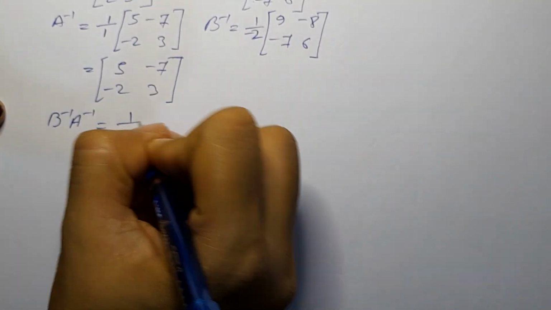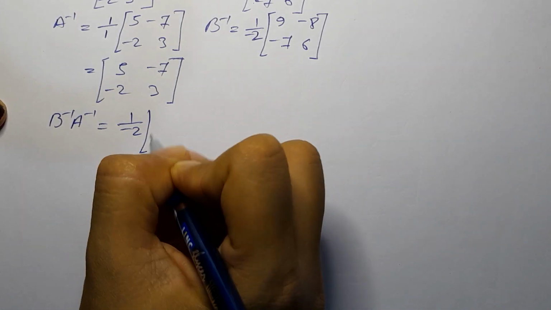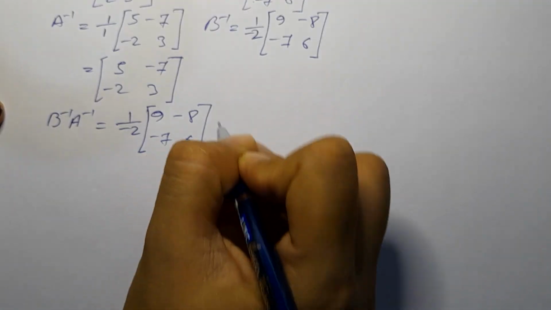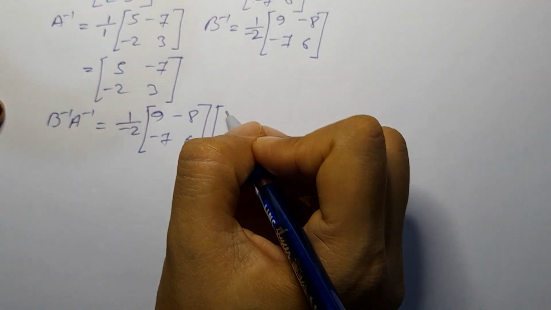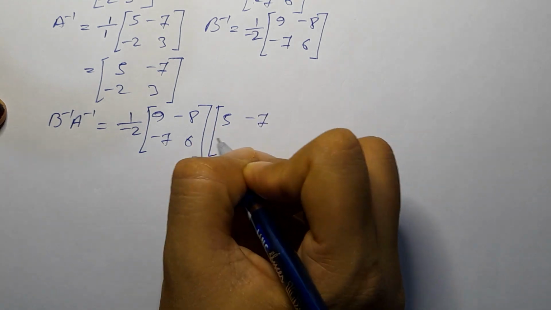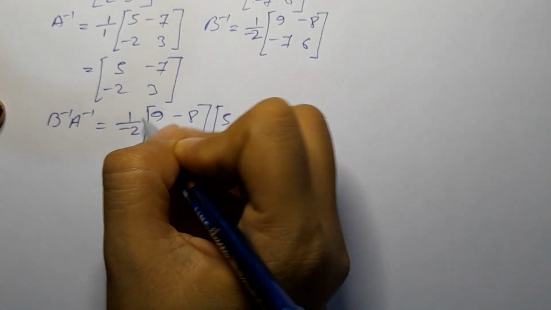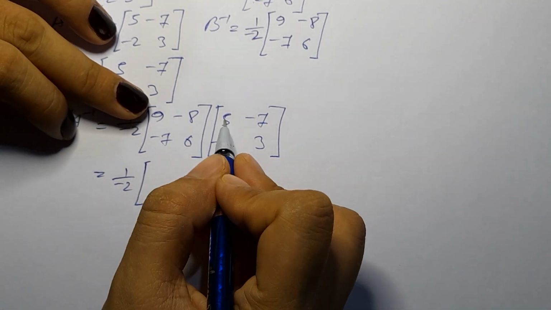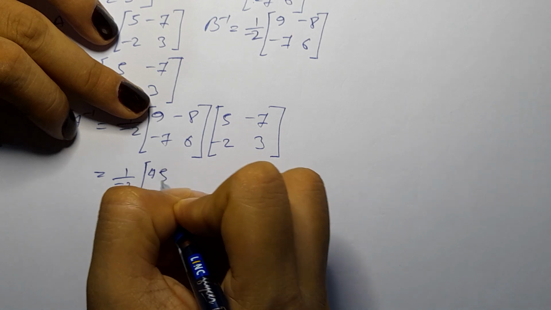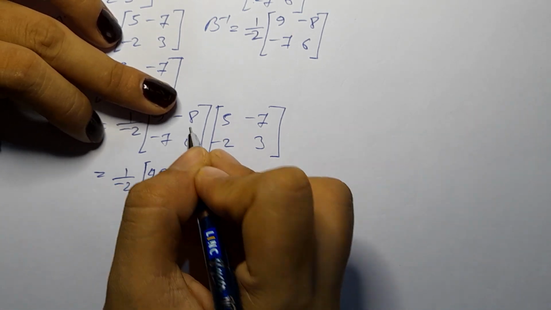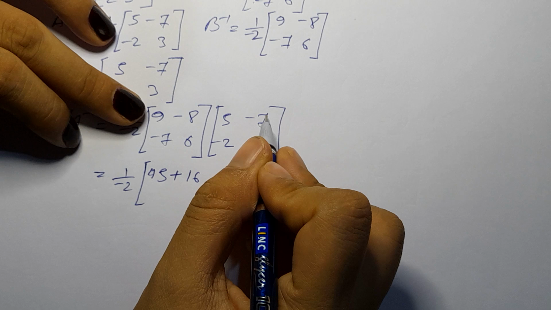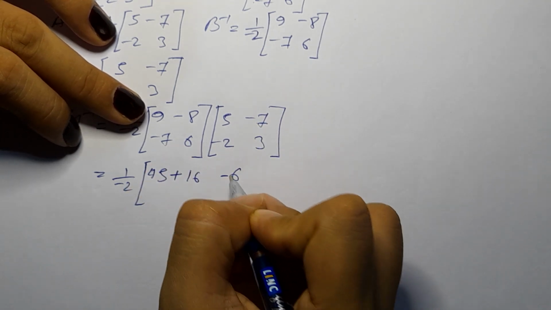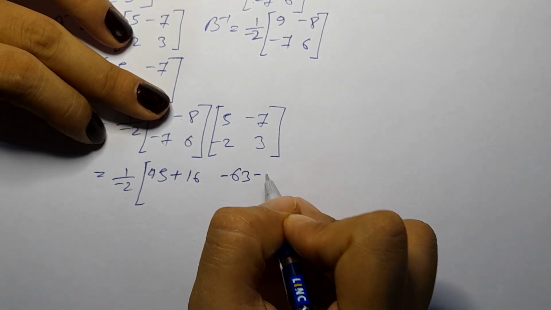B inverse we got as 1 by minus 2 times 9, minus 8, minus 7, 6, into A inverse, that is 5, minus 7, minus 2, 3. Keep minus 1 by 2 outside and multiply first row and first column: 45, minus into minus becomes plus 16. First row and second column: minus 63 minus 24.